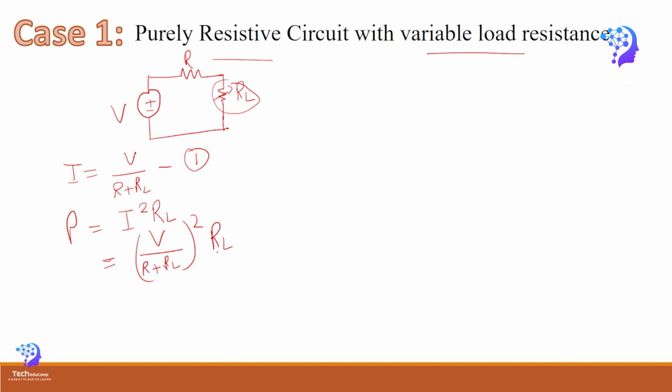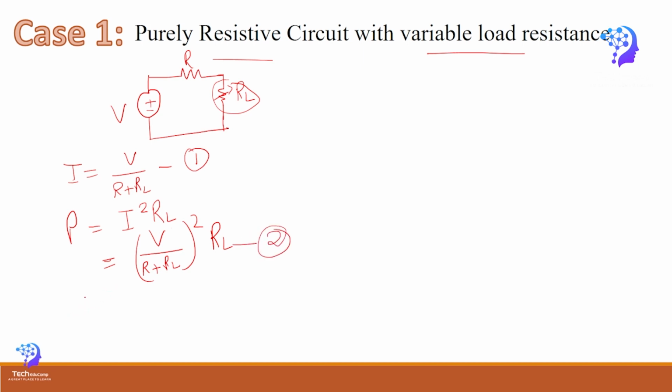Here V and R are fixed. Only by varying the load resistance, the power delivered to the load varies. So for maximum power, I can write this as equation number 2.